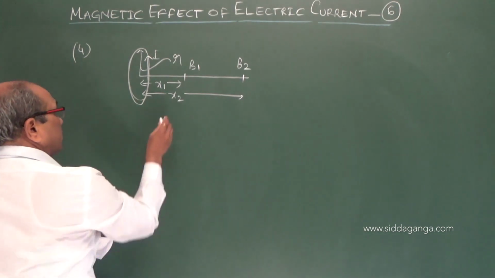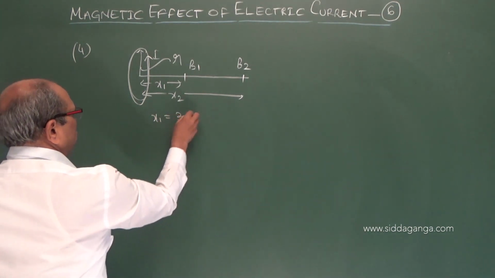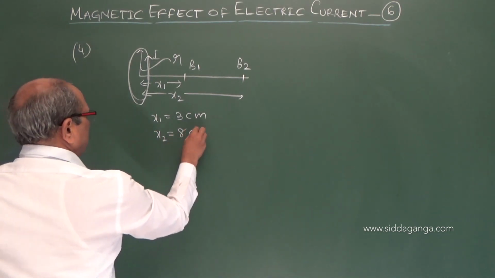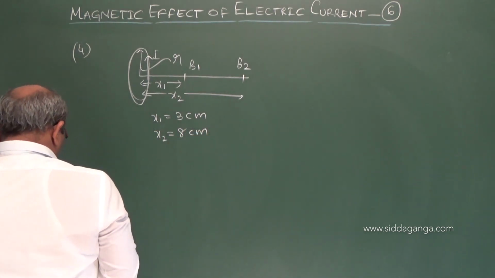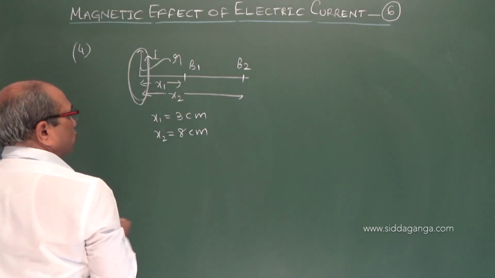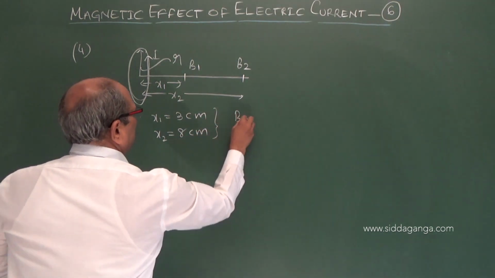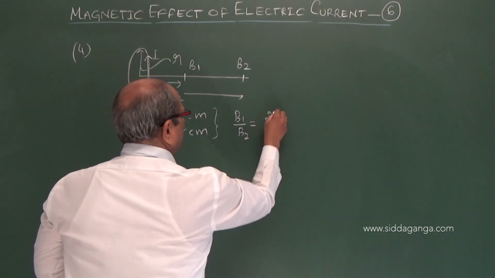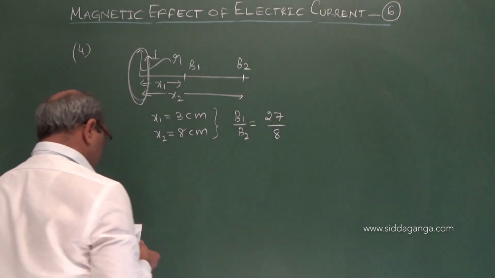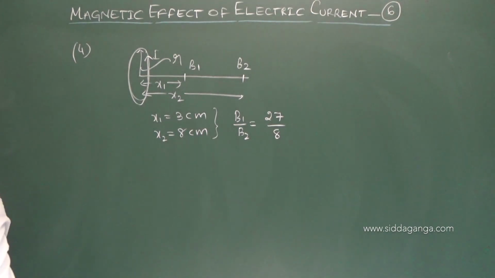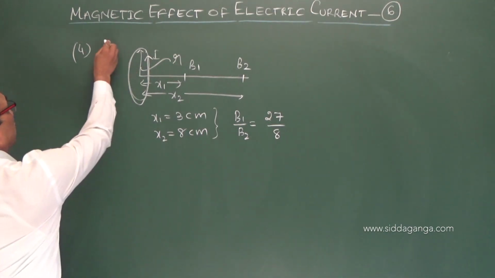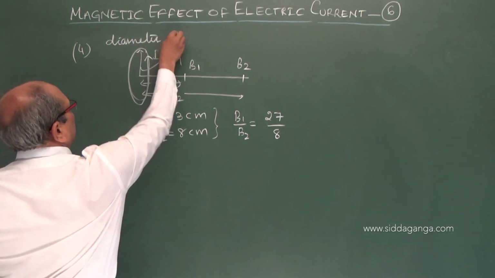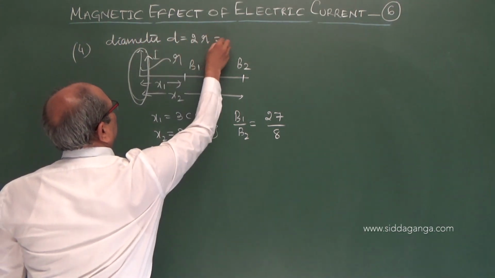They have given that x1 equal to 3 centimeter and x2 equal to 8 centimeter away from the center, and the fields are in the ratio B1 by B2 equal to 27 by 8. Find the diameter of the coil. The diameter D is 2 times the radius of the coil.